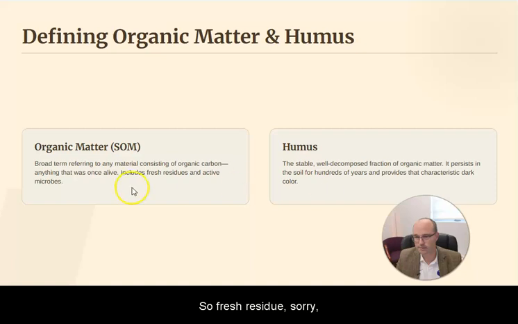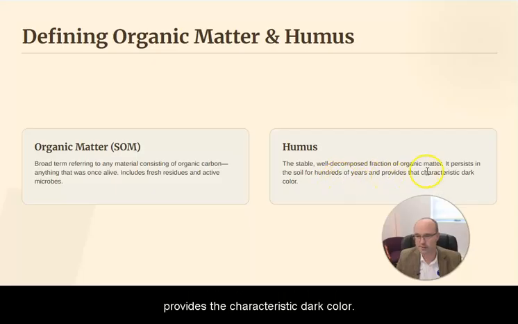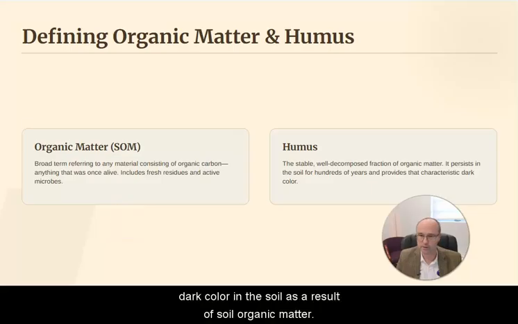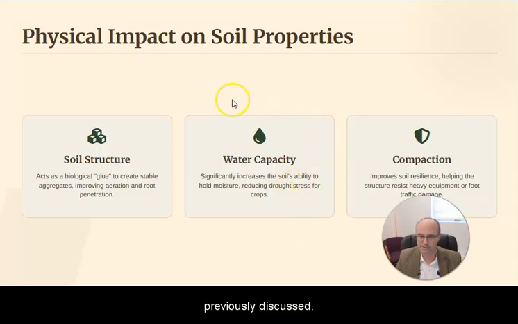Humus is something we've already talked about, but it is also a stable, well decomposed fraction of organic matter. It persists in soils for hundreds of years and provides the characteristic dark color. In most cases, what you're going to see is a dark color in the soil as a result of soil organic matter. And all of those impact the soil properties that we've previously discussed.